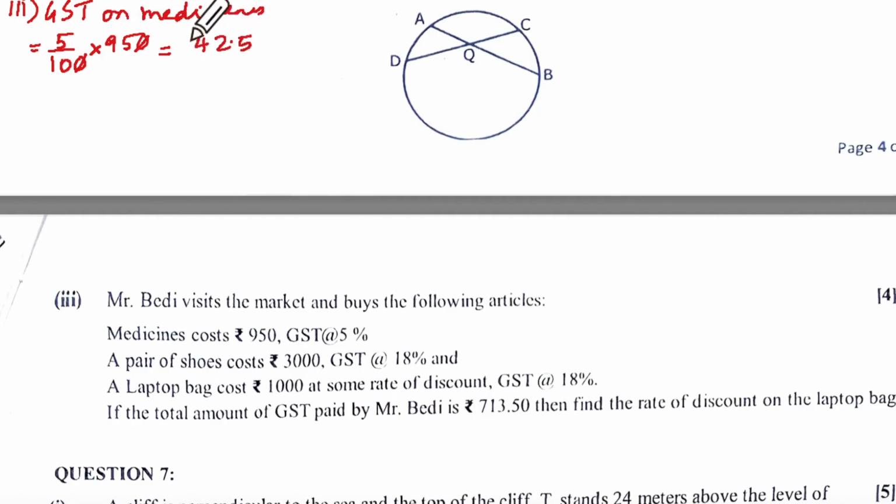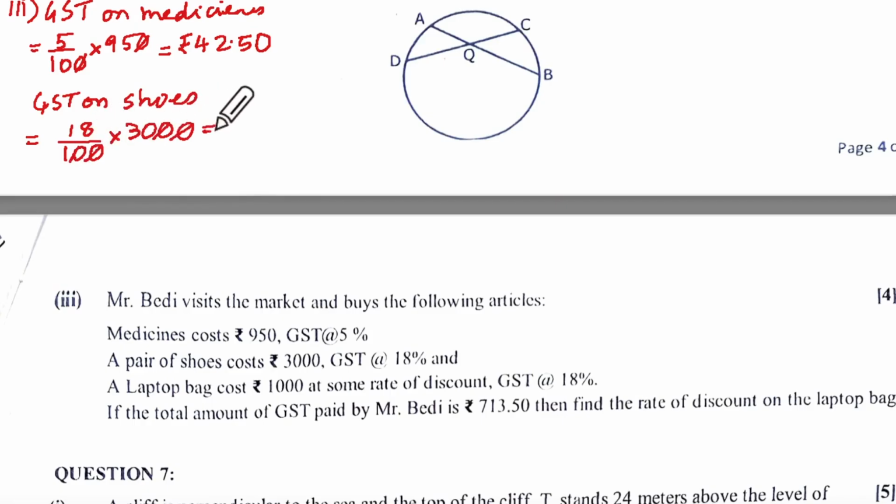Upon 10 means 42.50, and make sure that you're writing 2 decimal places. You're with me? Then GST on shoes will be equal to, tell me, 18 upon 100 multiplied by 3000, how much is that? Rupees 18 3 is 54, so 540.